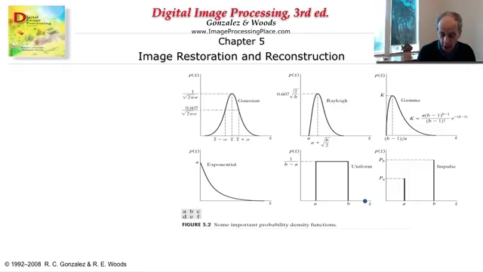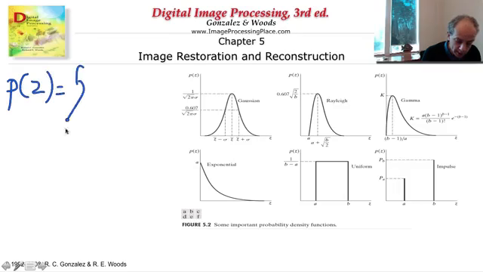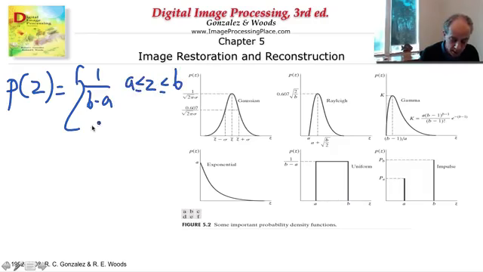No noise outside, and once you are inside, all the noise is uniform, as the name says. So the probability is, once again, 1 over b minus a if you are in this interval, so a less or equal than z less or equal than b, and 0 if you are outside of the interval.